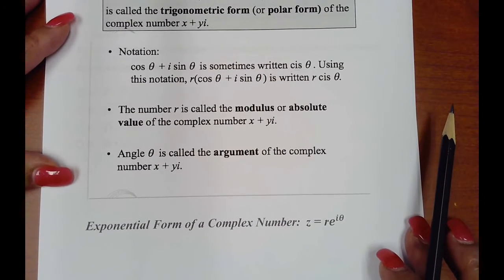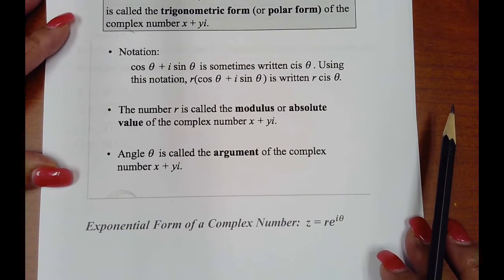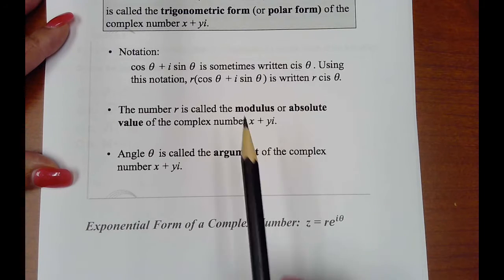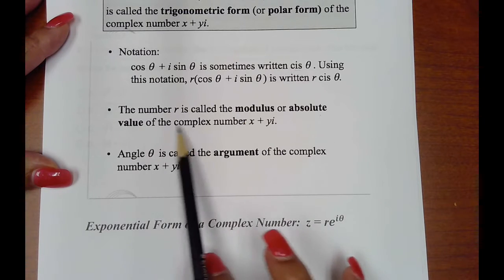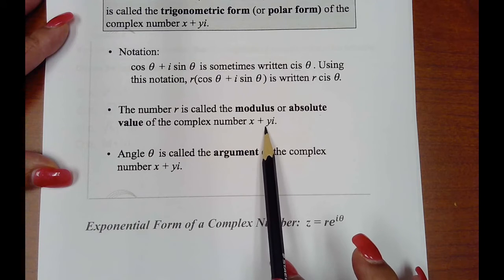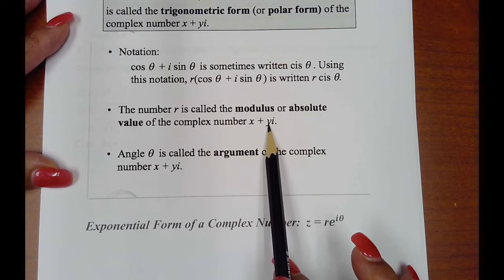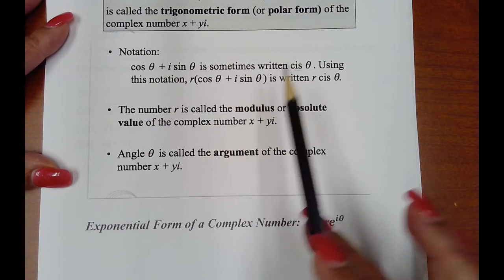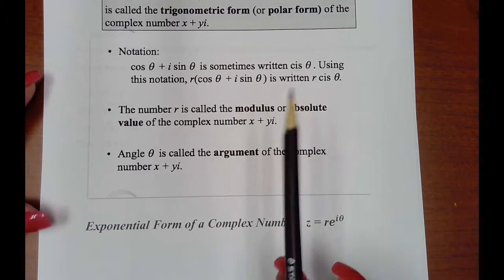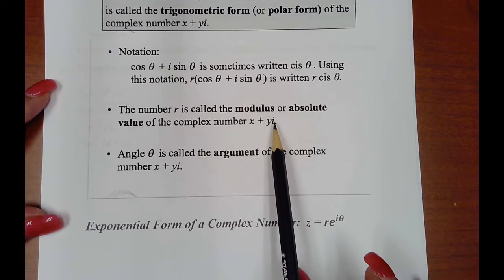Okay, in this section, I know r has been called the hypotenuse, but here we call it the modulus, or the absolute value of the complex number. In other words, it is the distance from the pole, or the origin, as you may want to call it, from the origin out to the point that was plotted to represent the complex number.